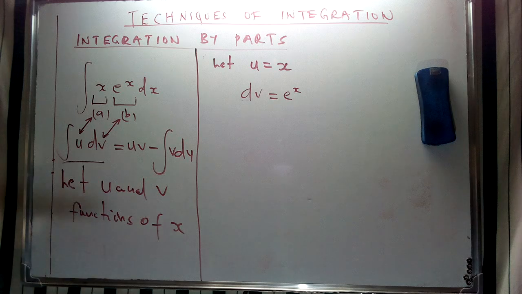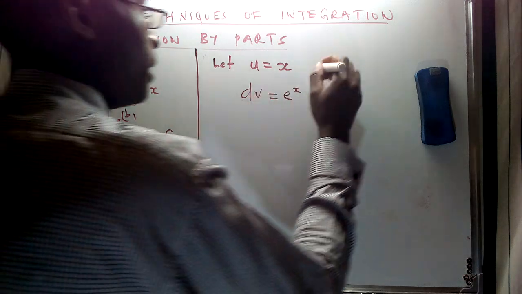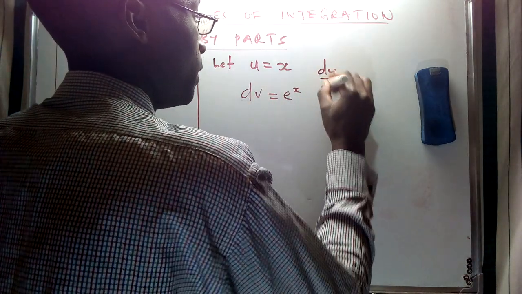This rule says that the complicated portion of the integrand is given as dv, and we find a derivative which is a simpler function of x, given as du over dx.